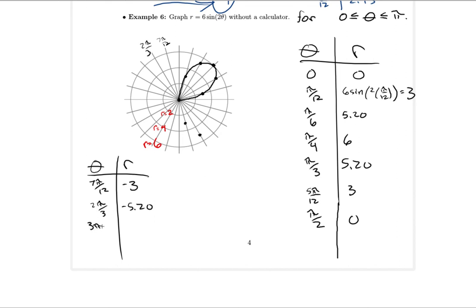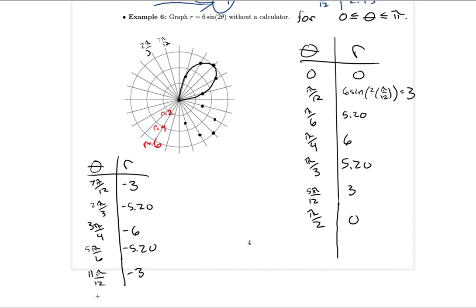The negatives crop up as I go from 0 to pi, pi over 2 to pi. And so things are happening back here in the 4th quadrant instead of in the 2nd quadrant. And then 5 pi over 6, that's going to be negative 5.20, so back here again. And then we have 11 pi over 12, so you can probably guess that. That's going to be negative 3.